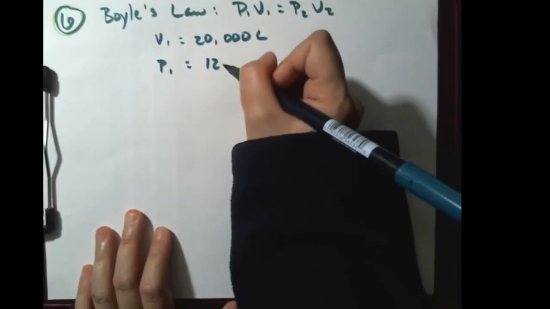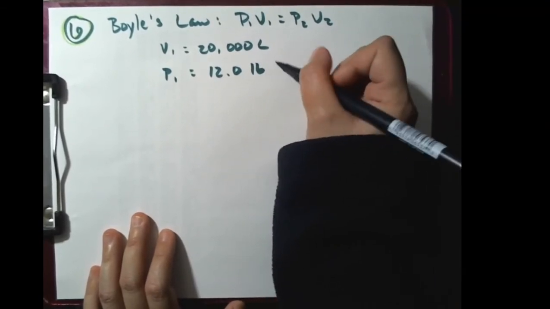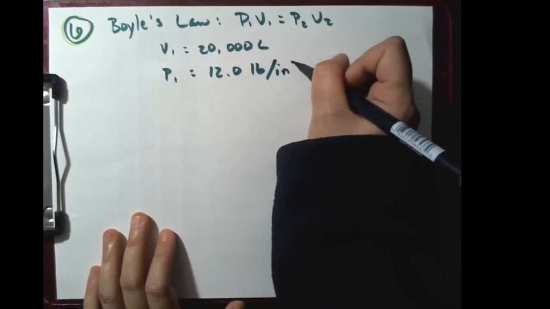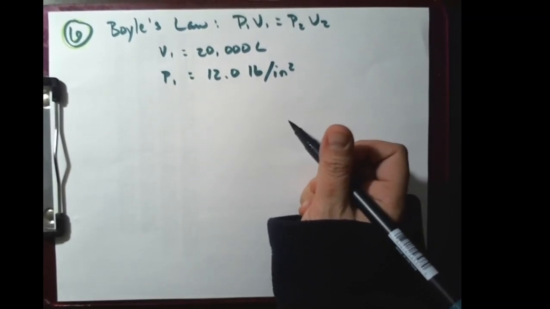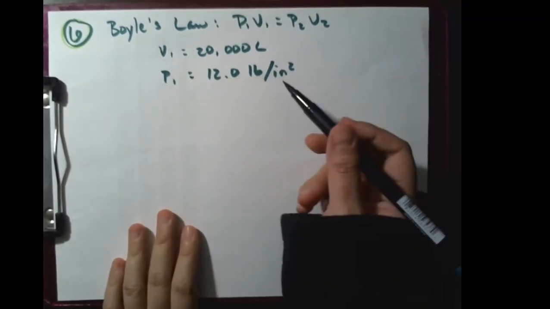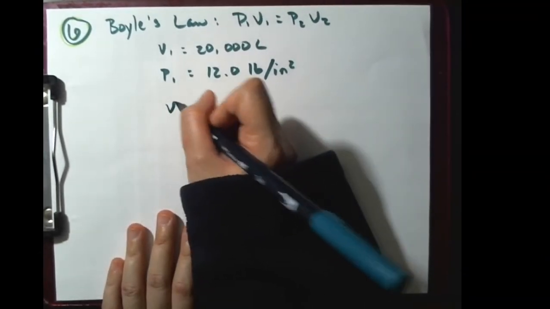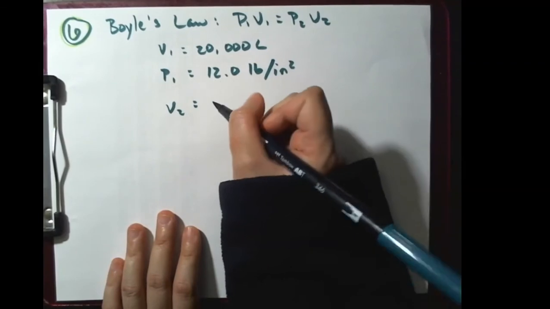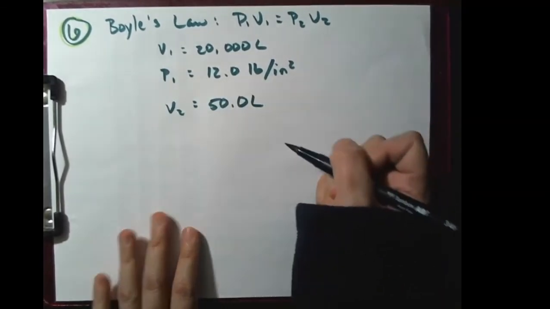It's just a different notation, but it's the same exact thing. If all the air was lost, it would have to be replaced from a compressed air cylinder, which has a volume of 50 liters. If all the air is gone, now we're going to have a final volume of 50 liters.